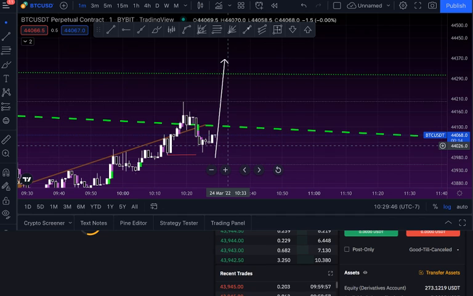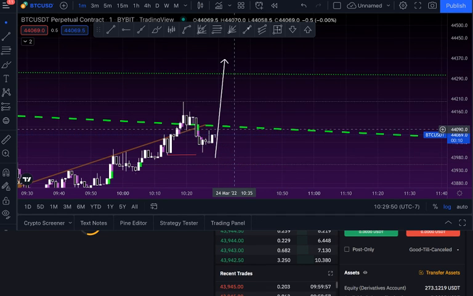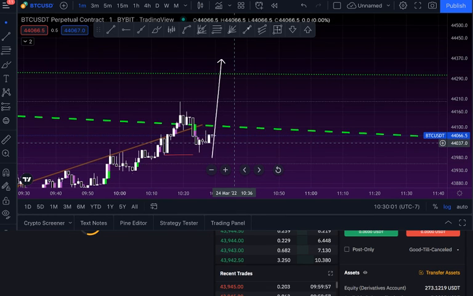I would like it to break this wick pretty quickly. And again, this now could be a swing high if this breaks. Oh, up we go. Where we stop? I think I might know.